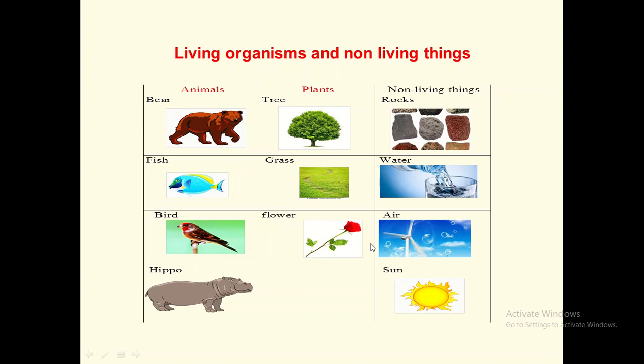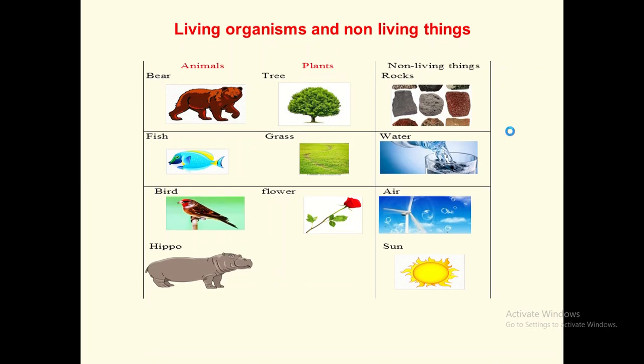Some examples of living organisms: bear from animals and tree from plants. Fish from animals, grass from plants. Bird from animals and flower from plants. Excellent. And hippo from animals.